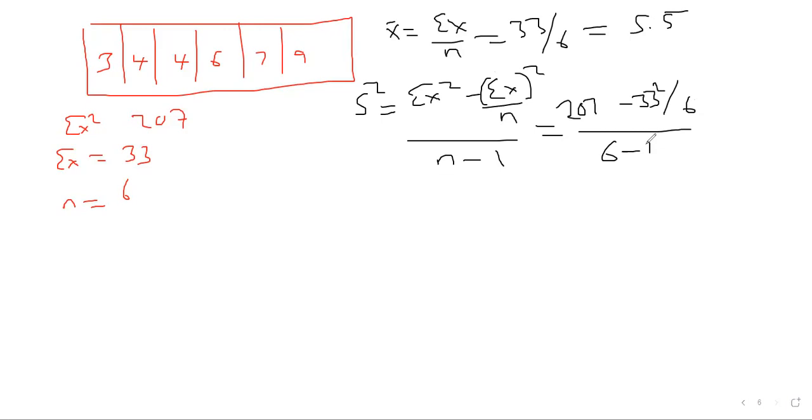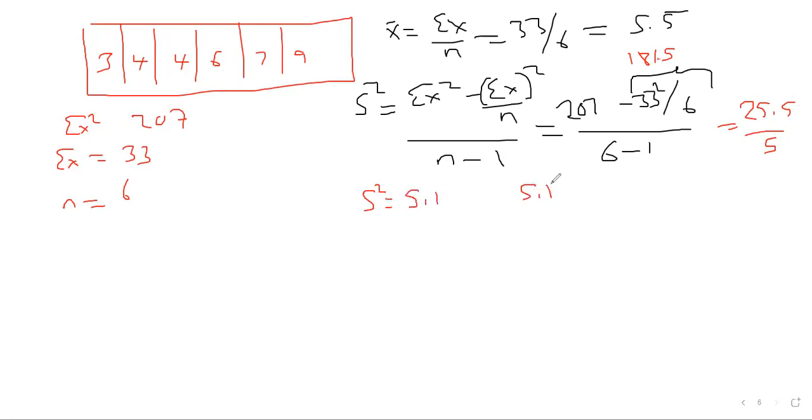The 33 squared divided by 6 you do separately, and it gives you 181.5. So 207 minus that answer gives 25.5. When you divide this by 5, our variance is 5.1.